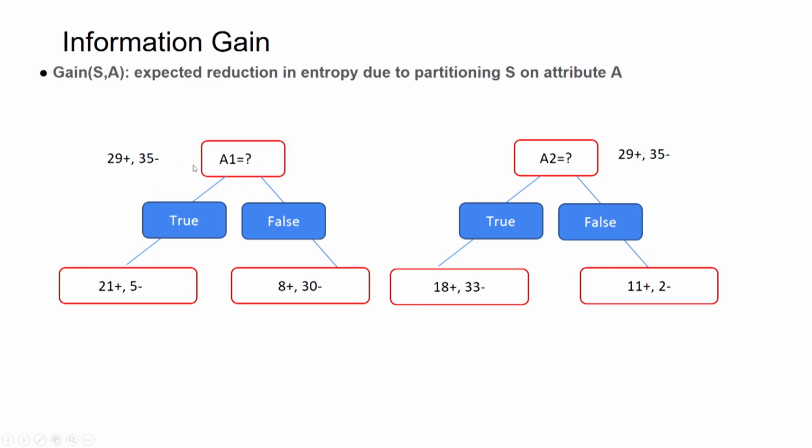Then the question is whether at this particular step we should split by A1 or A2. Suppose both of these are categorical variables with true and false values. It is not necessary; it may contain other values also.